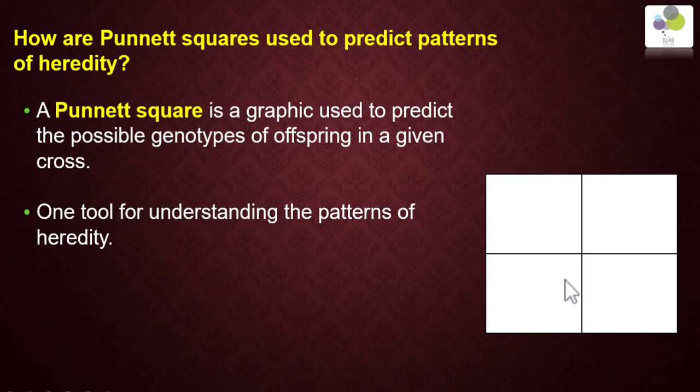As we know, the traits can pass from the parents to the offspring in a pattern. One of the tools that help us to know these patterns is a Punnett square. So it's a graphic used to predict the possible genotype. We are going to put the genotypes in these squares in a given cross, which is mating between the male part and the female part.